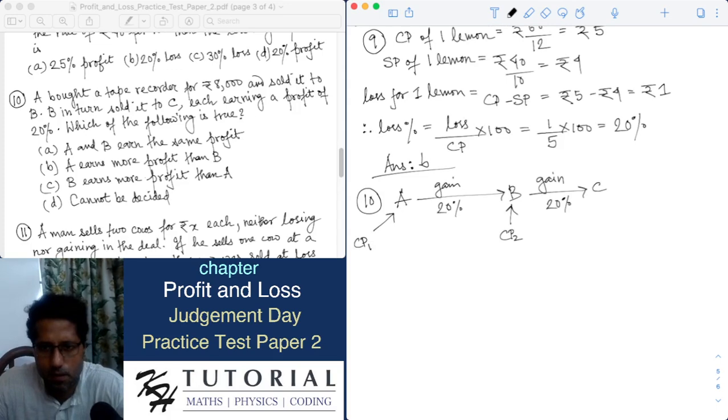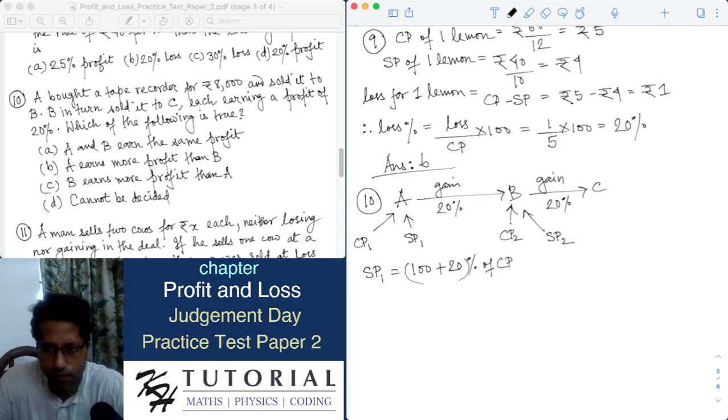Let's say the selling price of A is SP1 and the selling price of B is SP2. Now, what is SP1? Because to find the gain of B, we need to know the cost price for B, that is the selling price of A. Since A is selling at a gain of 20%, SP1 will be 100 plus 20, that is 120% of CP1, the price at which A purchased the tape recorder.